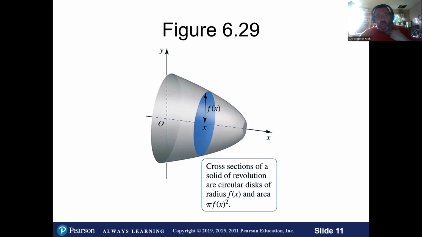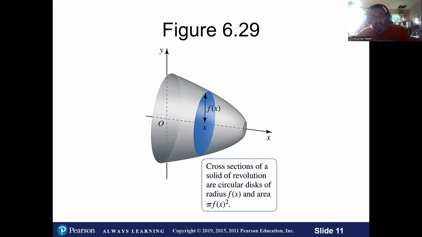And now we're going to do the same thing, which is we're going to say, all right, well, let's look at a slice of that. Okay, this solid that we've built, let's take a cross-sectional slice and see what that looks like. And then we can add up a bunch of those cross-sectional slices, and that'll tell us what the volume is.